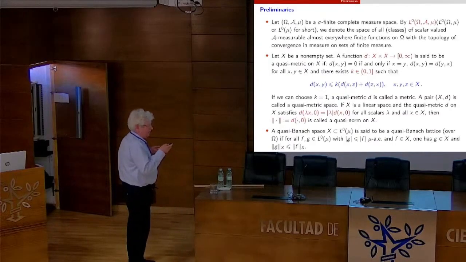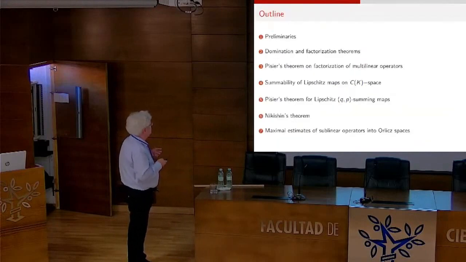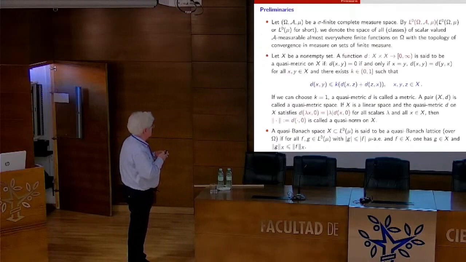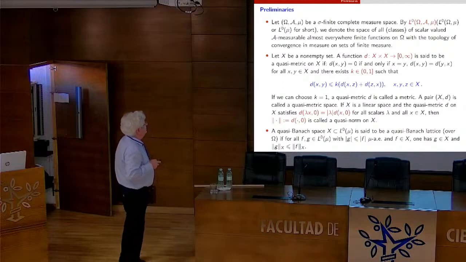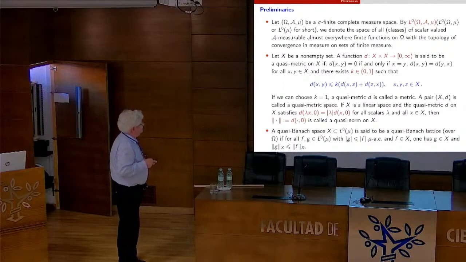So in order to be clear, we have a measure space, a sigma-finite, complete measure space. This is the space of all measurable classes, and we consider on this space the natural topology, convergence with respect to measure.